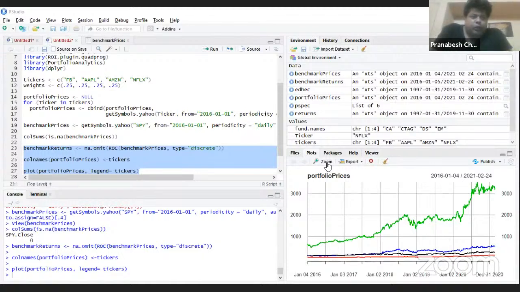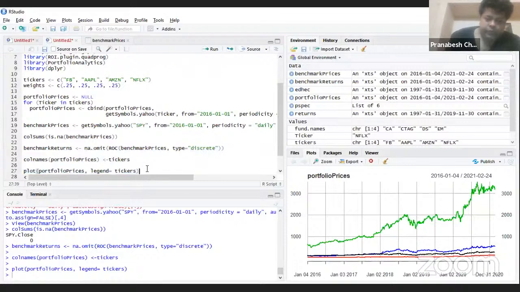So this is the plot of our portfolio prices. So where is our legend? The legend has not come. Legend is absent. Anyways, that's fine. So basically, we can see all the four stocks that we have and the different prices. But that is not very useful.